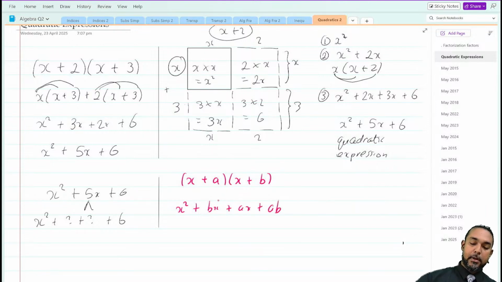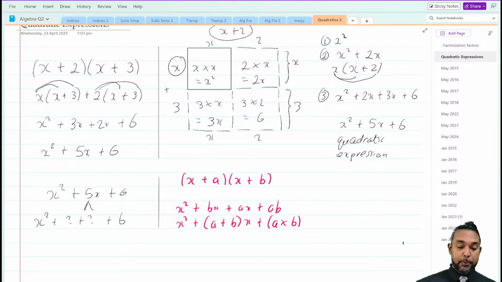Now, if you have bx and ax, like if you have 3x plus 2x, what does that simplify to? 5x. How do we get the 5? We added the 3 and the 2. So here, we could actually simplify this by doing a plus b by x. And of course, a by b in the back is a multiplied by b.